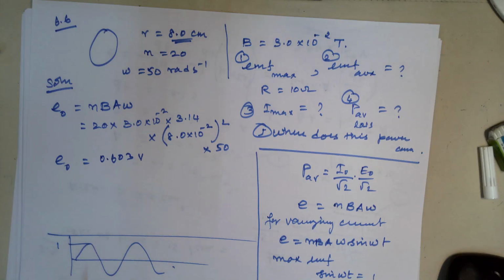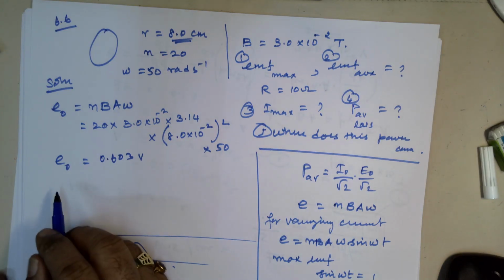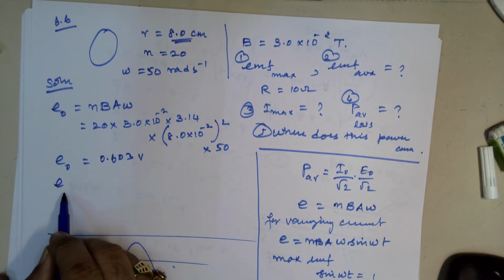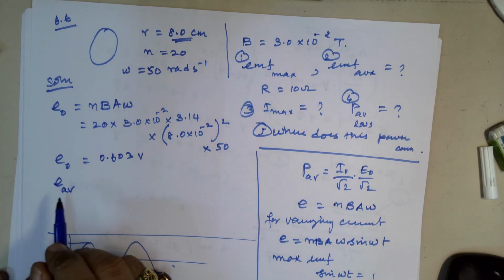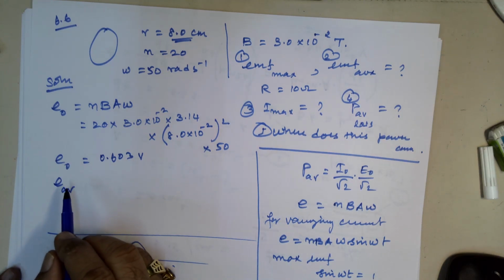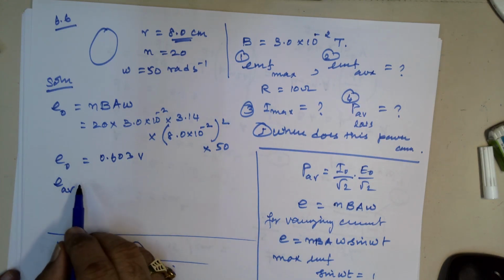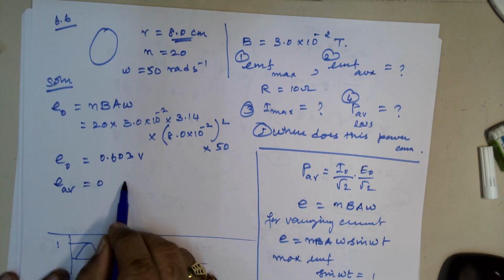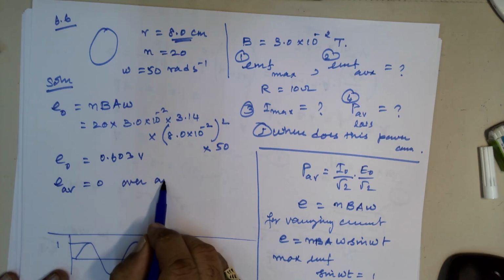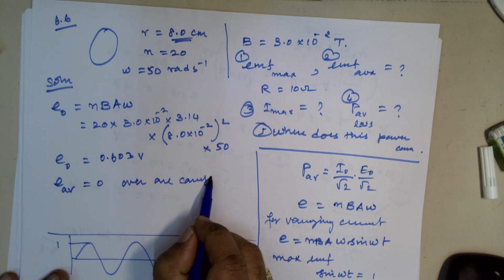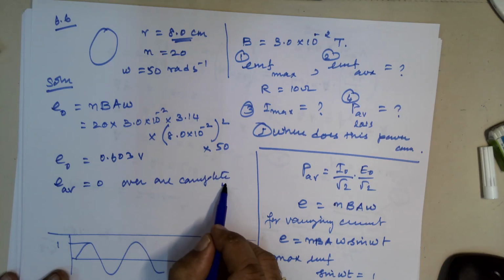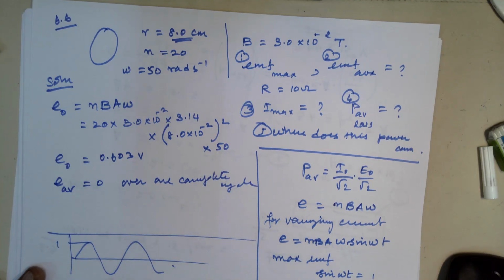It means it is zero. Write down: the average value over one complete cycle is zero. On both sides this is E0 and minus E0, so the average will be zero.